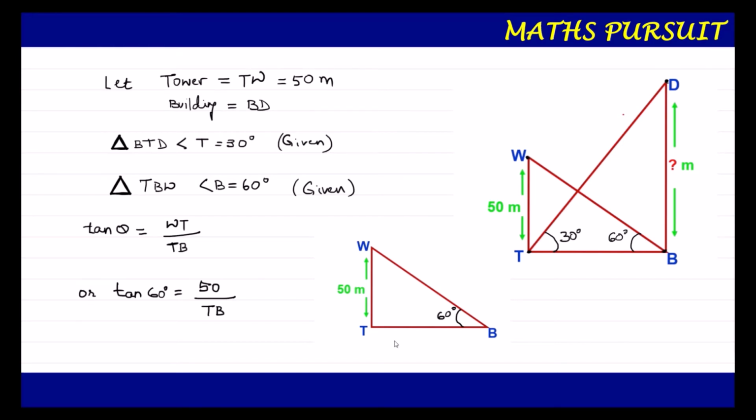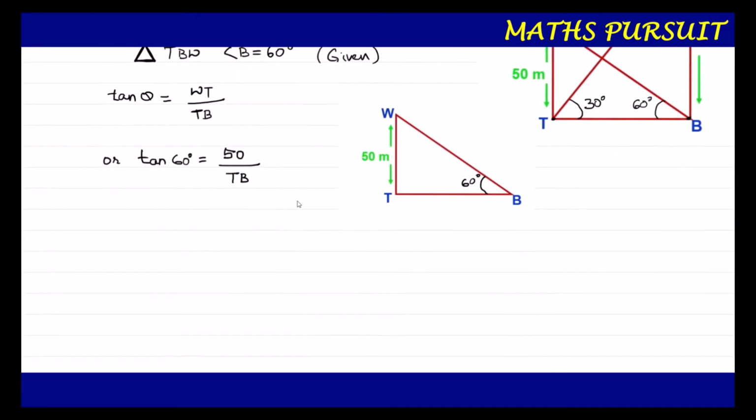From the trigonometric table, we very well know that the value of tan 60 degrees is root 3. So instead of tan 60 degrees, I am going to write root 3. Root 3 is equal to 50 upon TB.